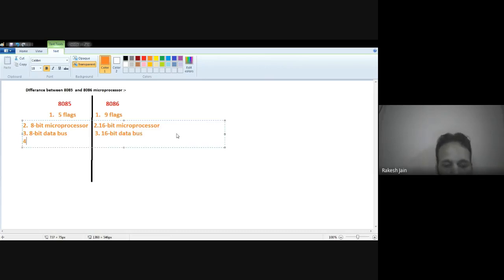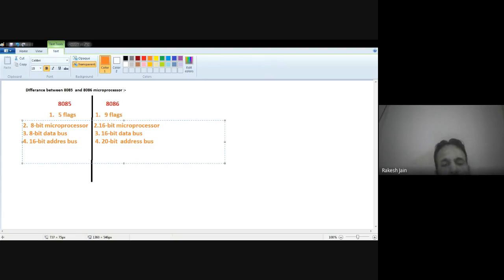The next one is the 16-bit address bus in the 8085 microprocessor, whereas there is a 20-bit address bus in the 8086 microprocessor.